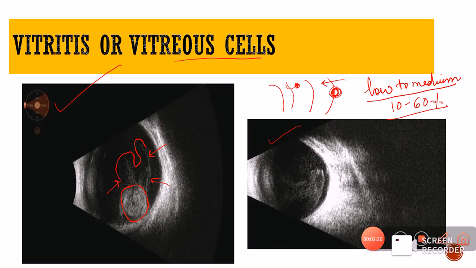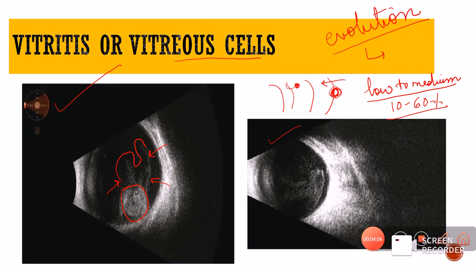Now, one more differentiating point between the inflammatory cells and the vitreous hemorrhage is with respect to their evolution, right? Vitreous cells or inflammation are going to evolve quite rapidly and form the vitreous membrane, and therefore whenever there is a case of endophthalmitis or inflammatory cells, the examinations have to be quite frequent because they can form membranes and cause tractions much earlier than a vitreous hemorrhage.